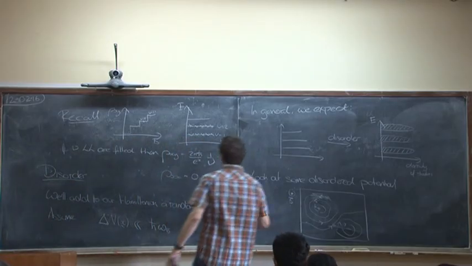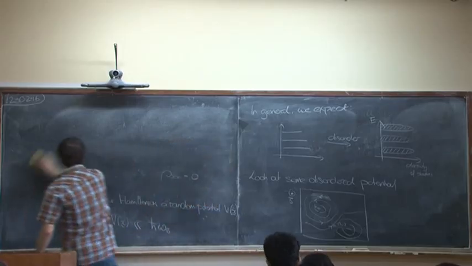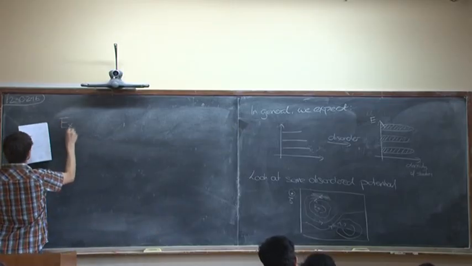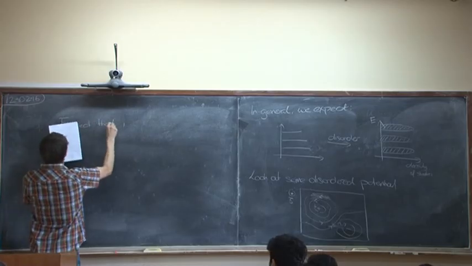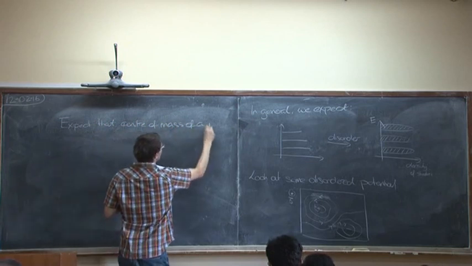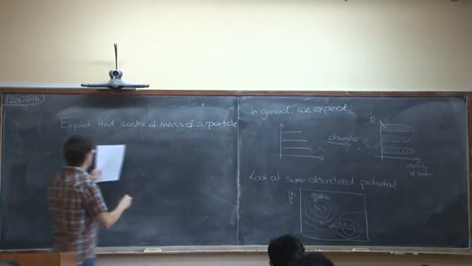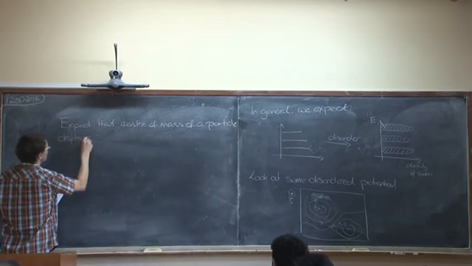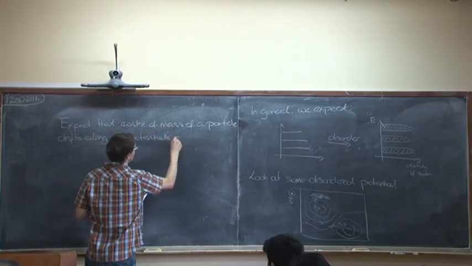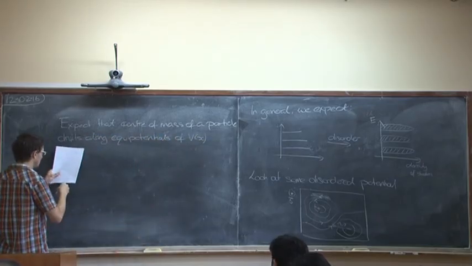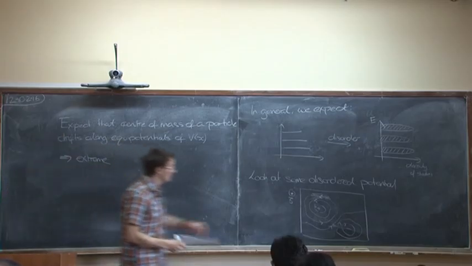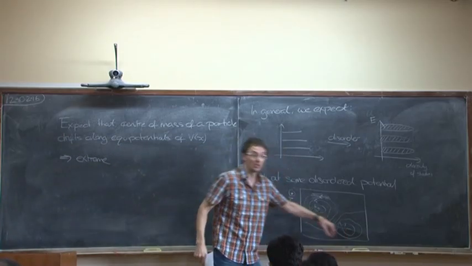Okay, so what have we learned? We expect that the center of mass of the particle drifts along equipotentials of x, which means that we expect the extreme states, by which I mean those with very high energy or very low energy, to be localized.